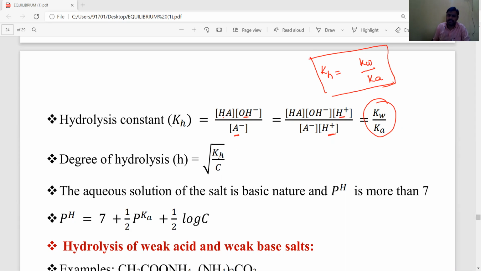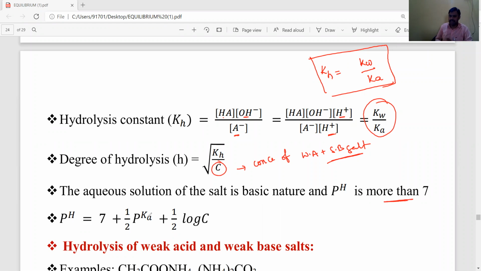Ka means acid dissociation constant. Now degree of hydrolysis is equal to root over Kh by C, where C is the concentration of the weak acid and strong base salt. Now for this kind of salt, pH value is more than 7, I said.